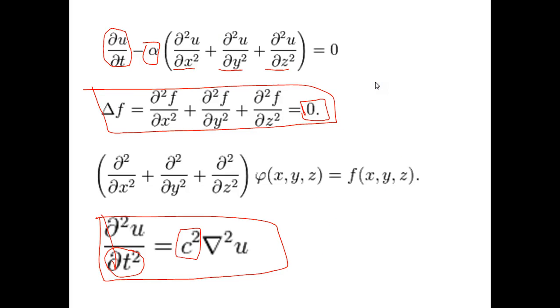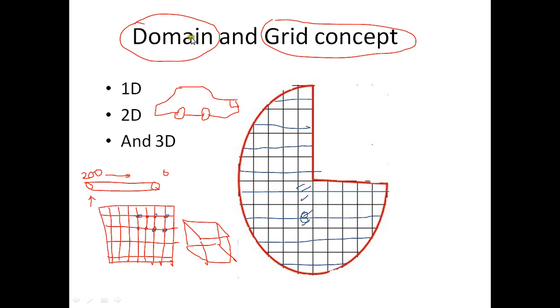Number two, we have to discretize our domain. We have chosen this grid, then we have to discretize our domain. How many subdomains will be there, and on the basis of subdomains we will have our node values and number of nodes.